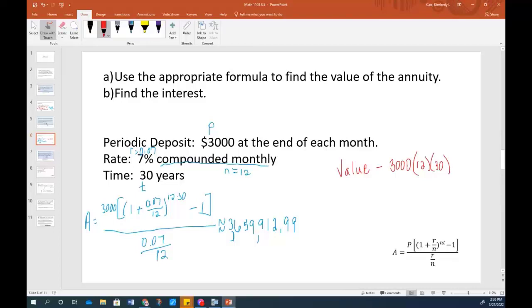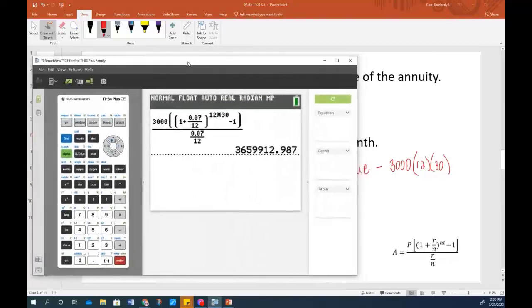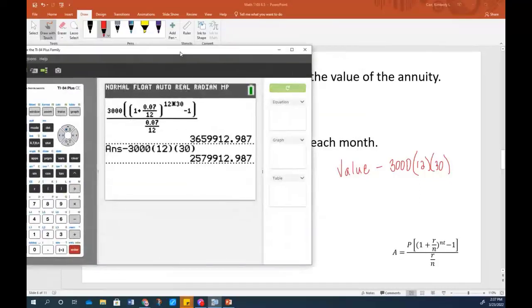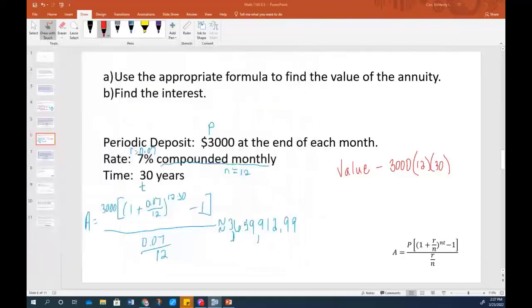So again, while that big number is already in your calculator, we can just take that value and click minus 3,000 that was deposited 12 times a year for 30 years. And then this tells me then how much the interest was. 2,579,000 and so on, so I'll write that down over here.